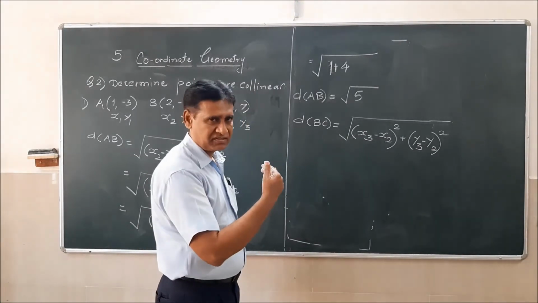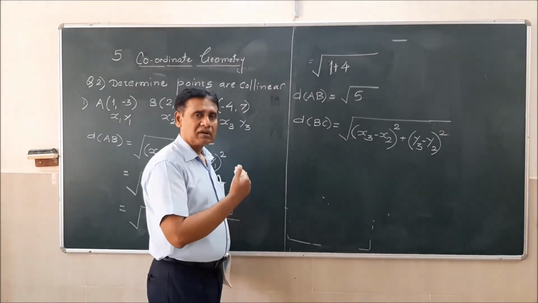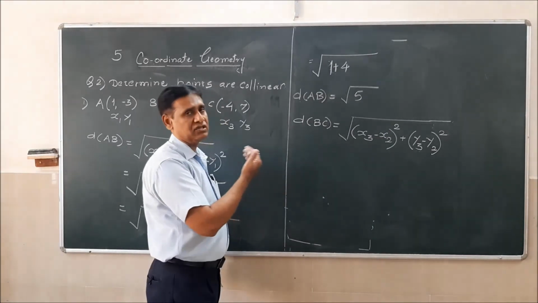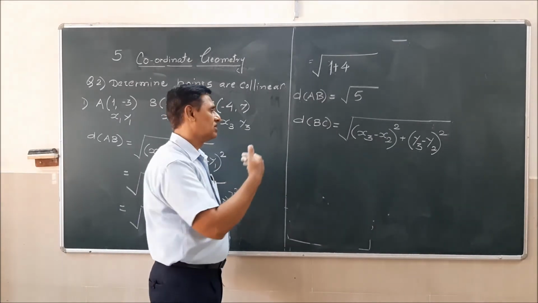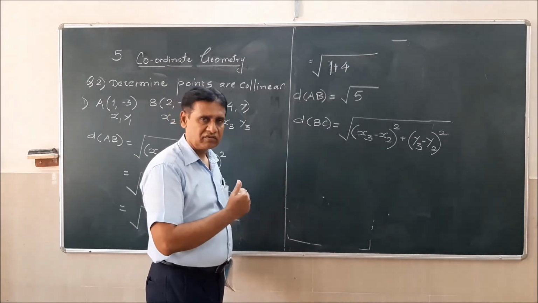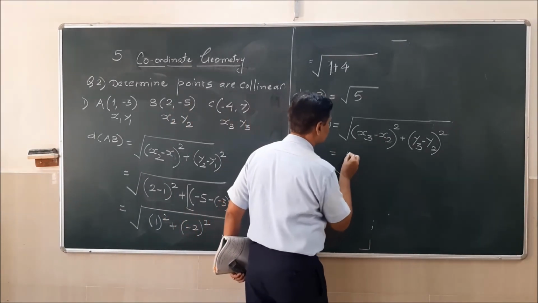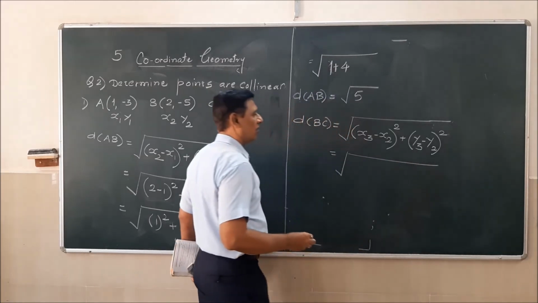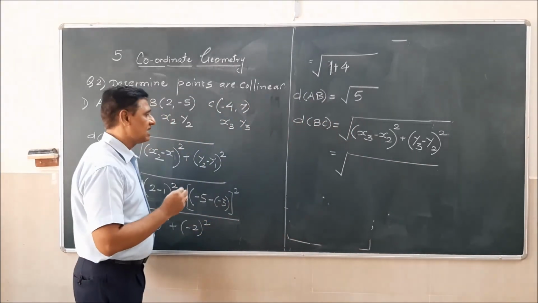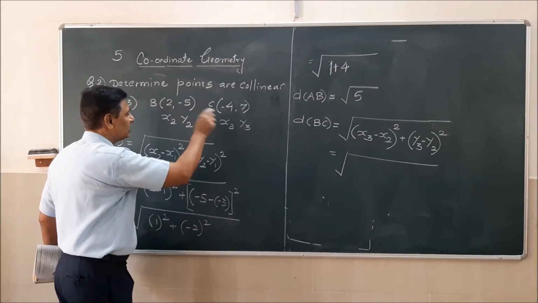But in this case, we are going to write the coordinates of the third and the second, so naturally, the coordinates of the third minus the coordinates of the second. Now what is the value of x3? The value of x3 in this case is minus 4.